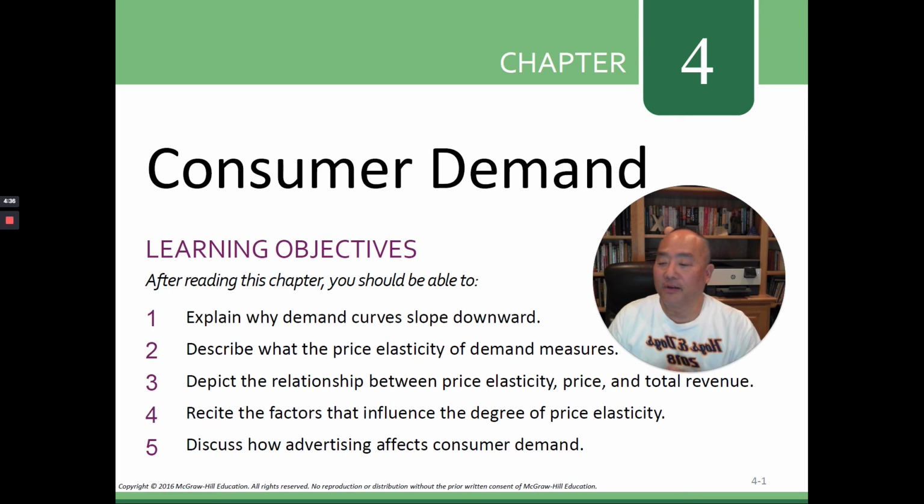Finally, number 5. Number 5 is discuss how advertising affects consumer demand. Well, the definition of advertising is an effort to alter consumer behavior, an effort to increase demand or perhaps decrease demand of a certain good, and it is to build brand loyalty.